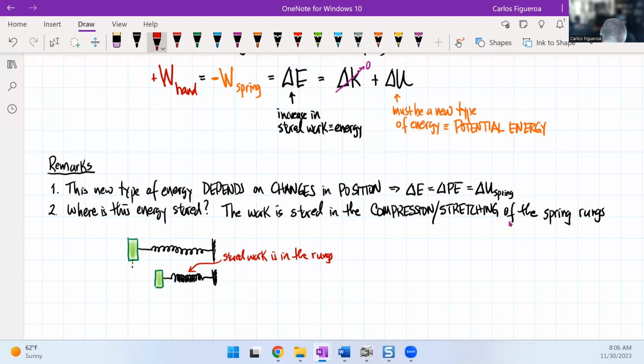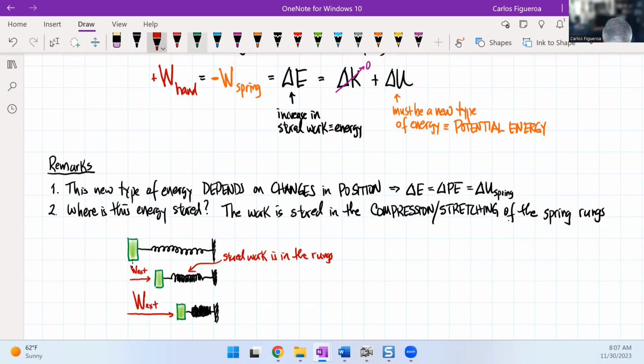And then if I take that spring even more so, and I compress it even more so, then what you're seeing here is that the rungs are even tighter now. And we could say that the amount of work to go from here is, let's say, this amount, but the amount of work to go here is even more so.